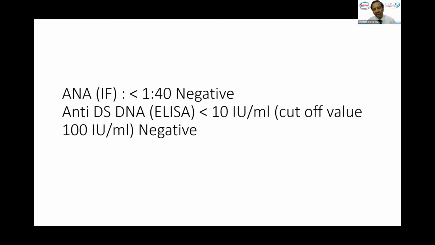Now we have discussed these tests, and probably repeating these tests with dilution is what we would like to do, because she is a 9-year-old girl child with hepatosplenomegaly, lymphadenopathy, and a skin rash. So the possibility of a connective tissue disorder is also possible.